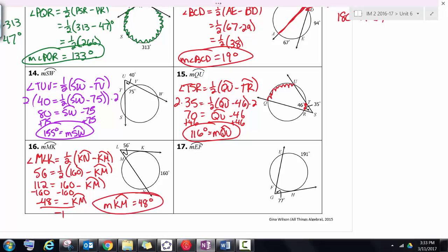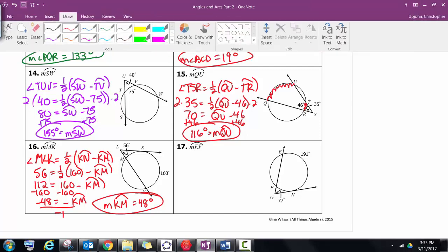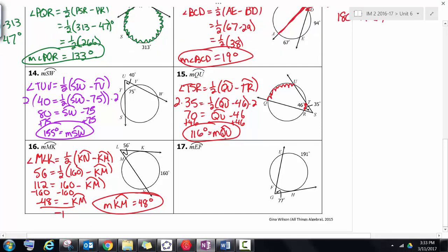Alright, last one. Again, we're looking for an arc, so angle FGH equals 1/2 of arc EH minus arc FH, the two arcs that they cut off. So we know the angle is 77. We know the big arc, 191, but we don't know arc FH.